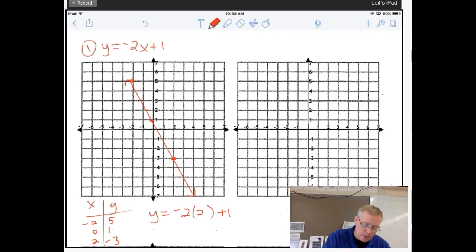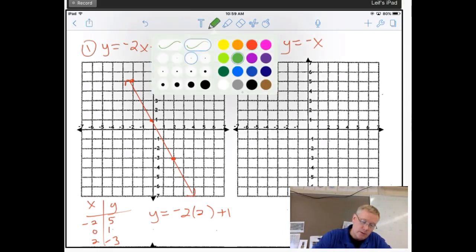Great, moving on. Number 2, if I had y equals negative x. With this one, I'd like to do it with rise over run, which is another way we did it. If you identify the slope, which is rise over run, and the y-intercept, you can graph it. Now this one doesn't have a y-intercept listed.